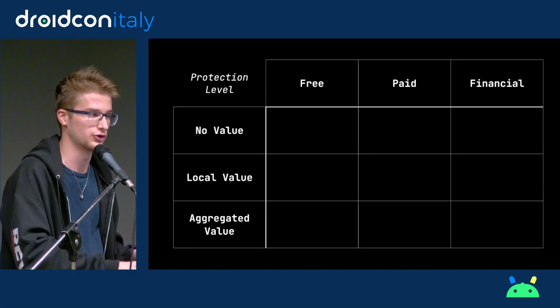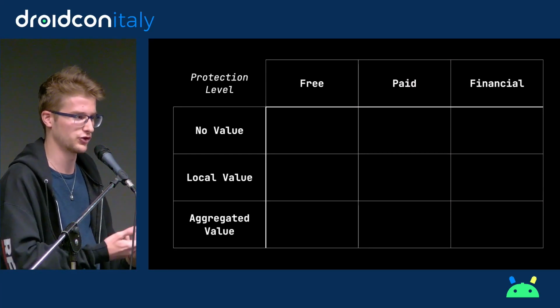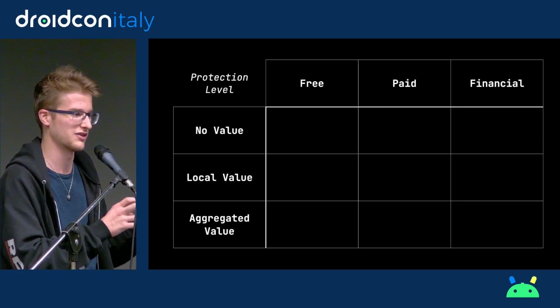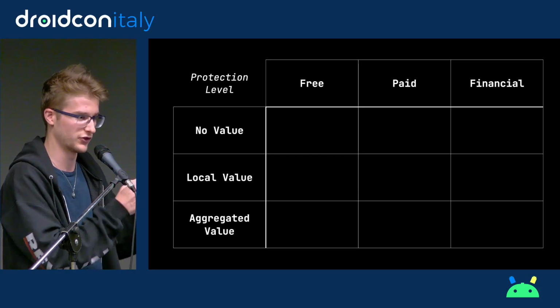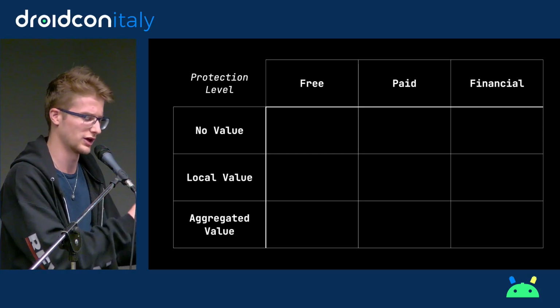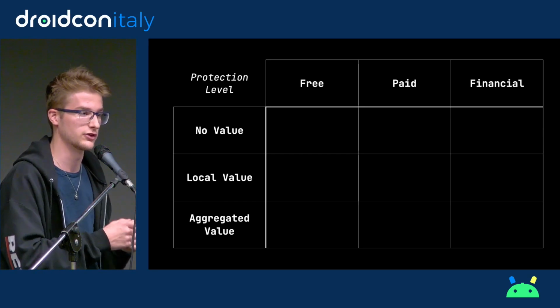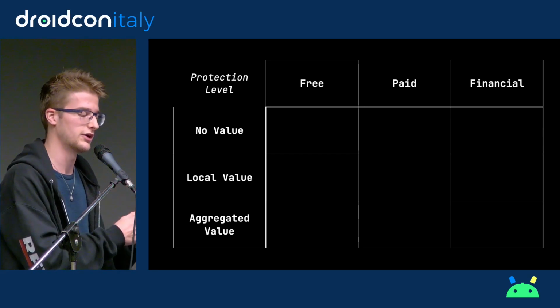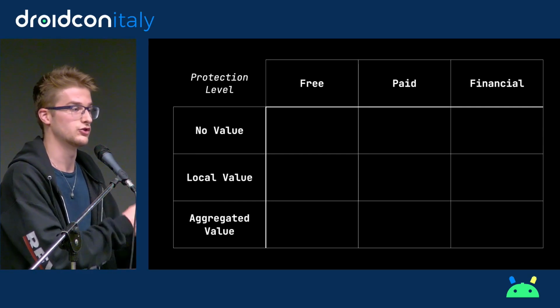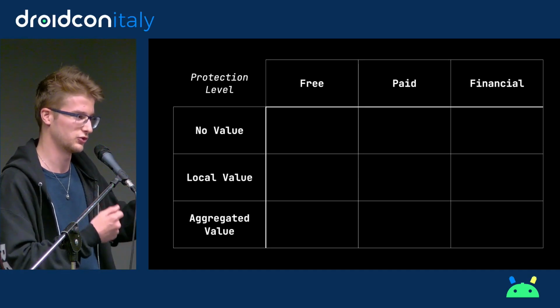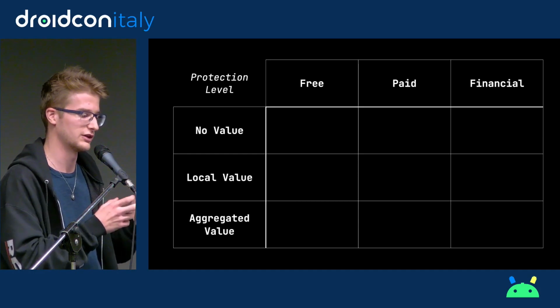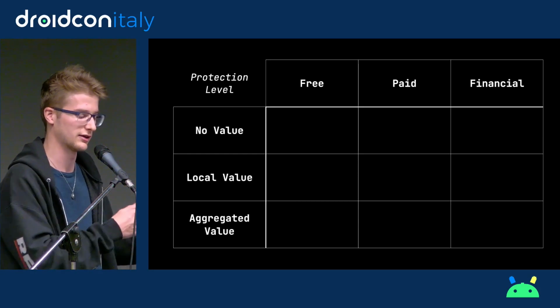Local value means that the value of your software is just in the binary, so it doesn't interact with any backend services or endpoints, like a very good offline music player. Aggregated value means that the value of your software is not only in the binary, but also in the transactions and interactions that the binary goes on to do with the server, so the value is distributed between the backend and the frontend.